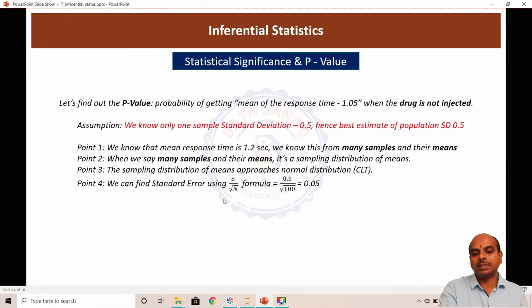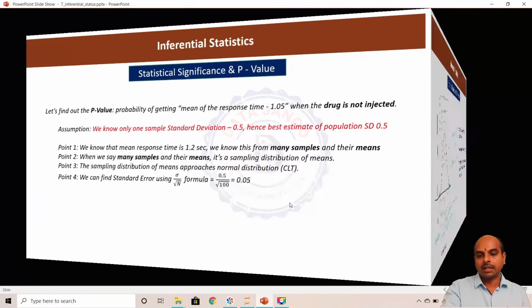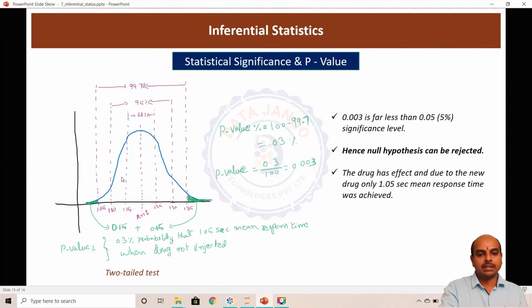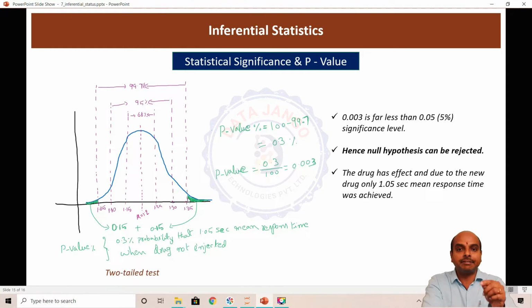Now if we know the standard deviation of this normal distribution, this is the graph. We have taken many samples, and all those sample means we have taken on the x-axis and plotted the distribution. We will definitely get the normal distribution from the central limit theorem. So this is normally distributed, and we know the mean, 1.2 seconds.